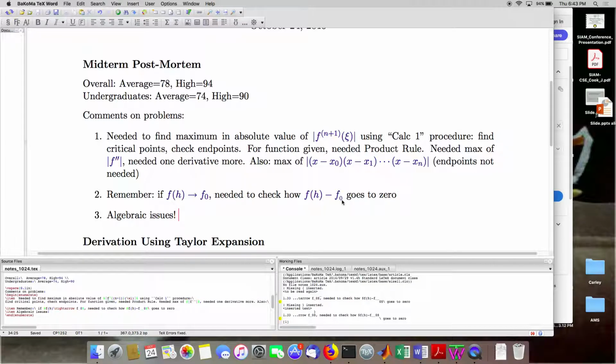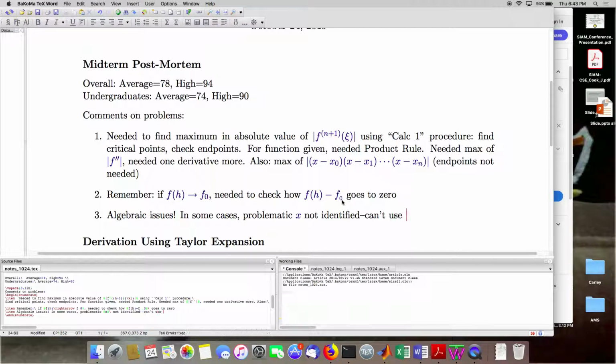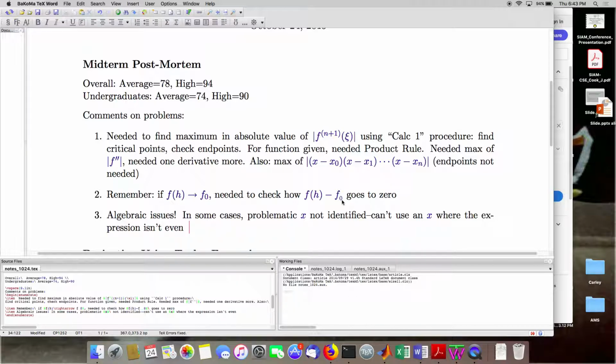Problematic x values were not identified. Either they were left out, or we put in a value of x for which an expression isn't even defined.